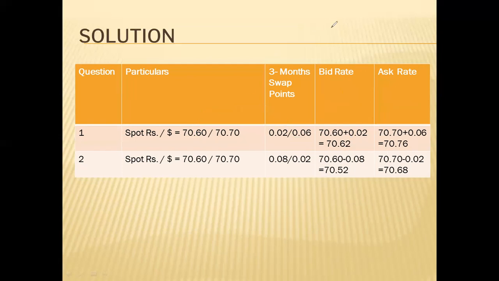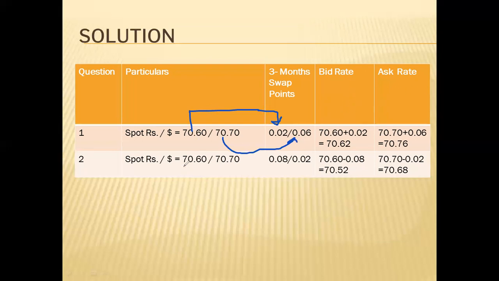So simple. Why have we directly added? Because here the number of digits after the point is the same, so we can easily add in the calculator. Just listen again: bid side, add the swap point to the bid side; ask rate, add to the ask side. You will get the respective bid rate and ask rate for three months forward.